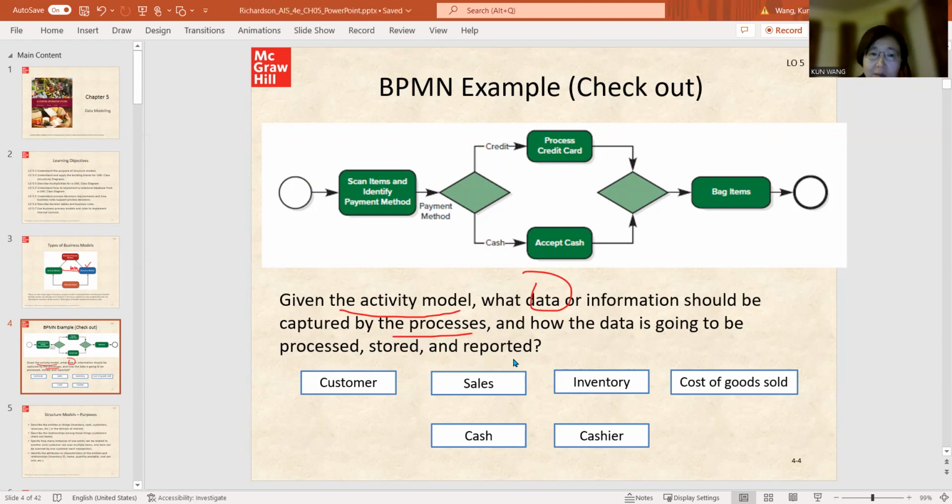So from an accounting perspective, we have the transactions happening here. In another way, what journal entry can we make out of here?